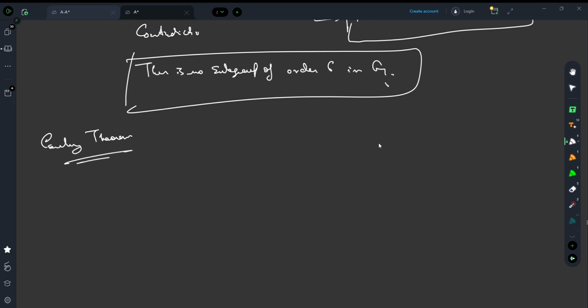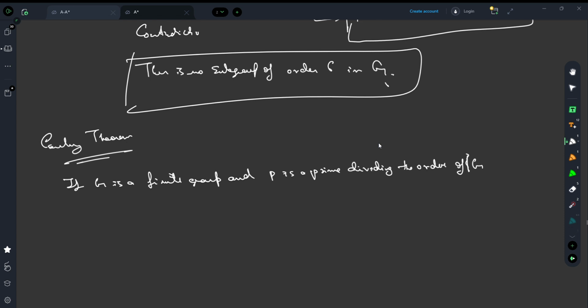So this theorem says that if G is a finite group, and p is a prime dividing the order of G, then G has an element of order p.